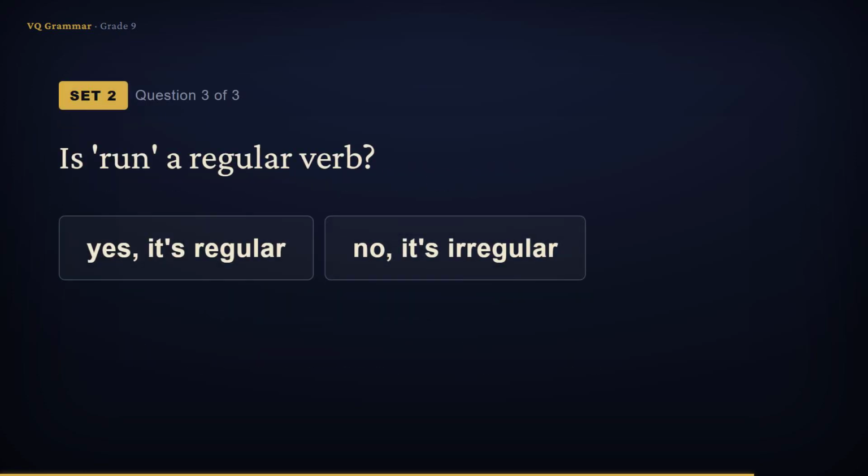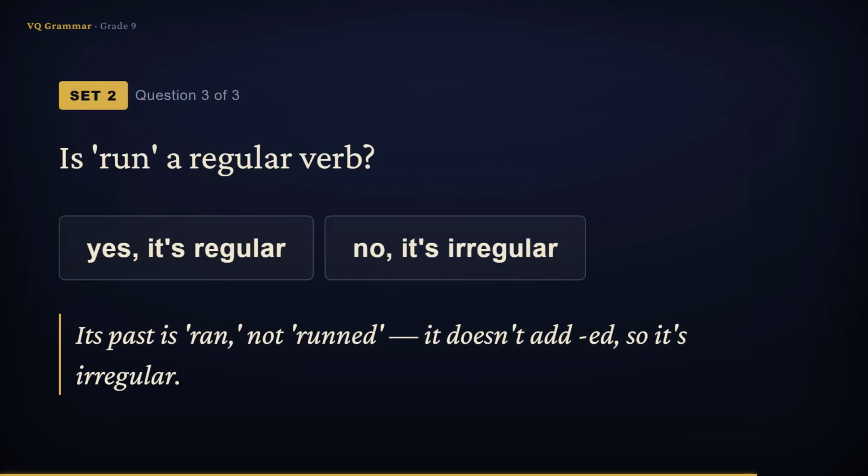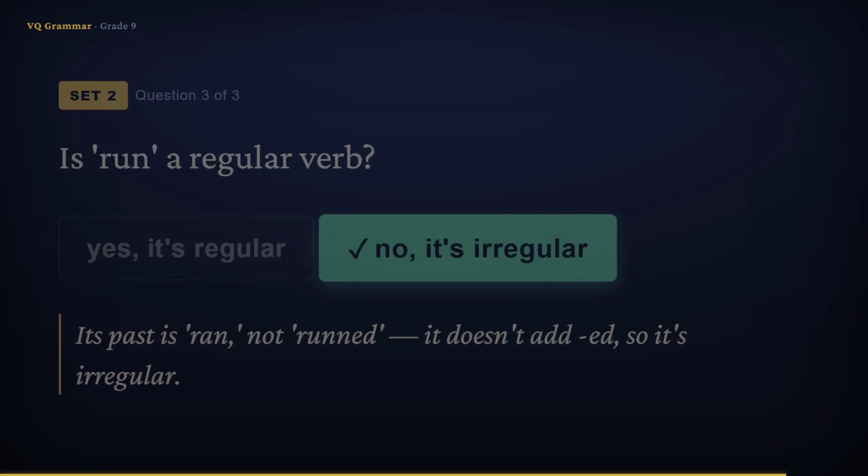Is run a regular verb? Remember our test. A regular verb makes its past by adding ed. But the past of run isn't runned, it's ran. Since run changes its spelling instead of adding ed, it breaks the pattern. So no, run is irregular.